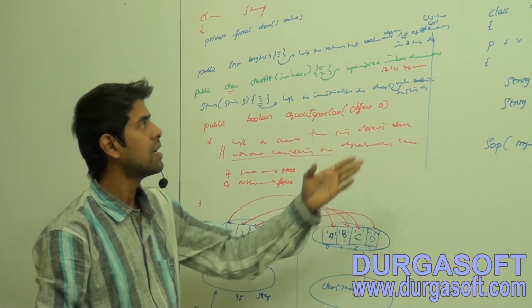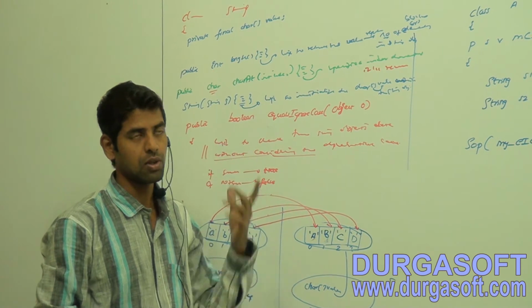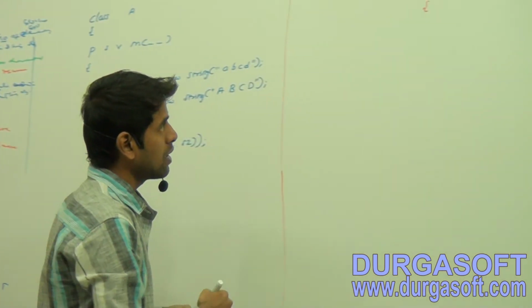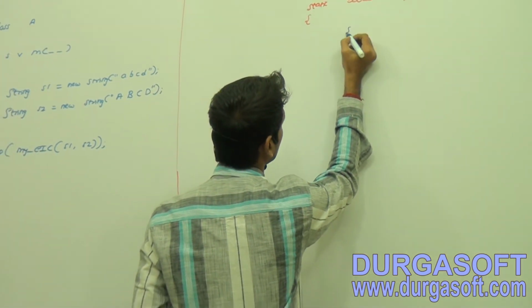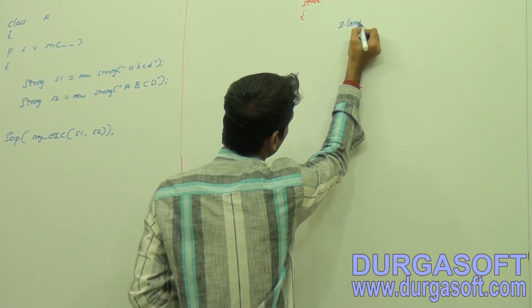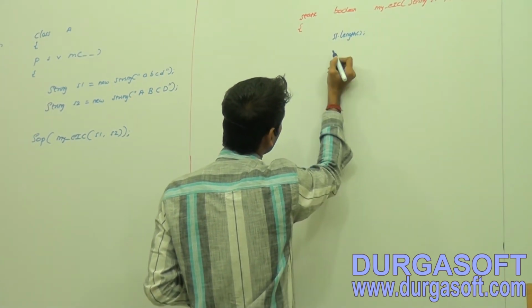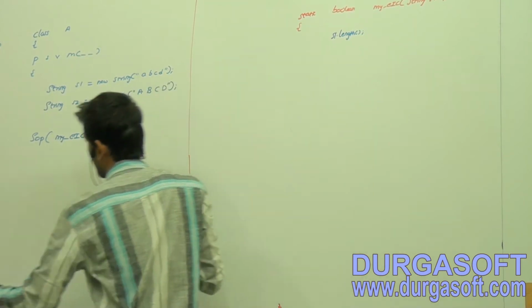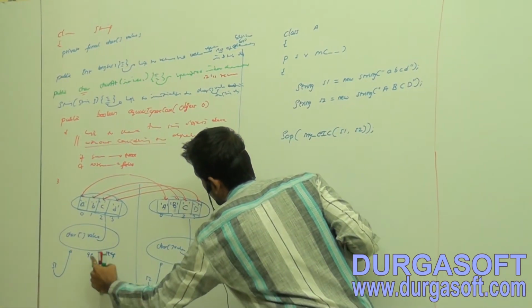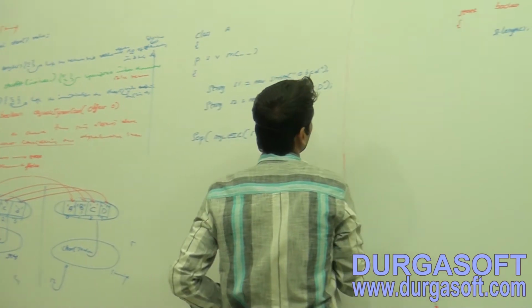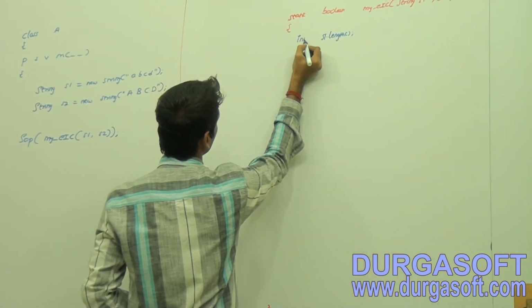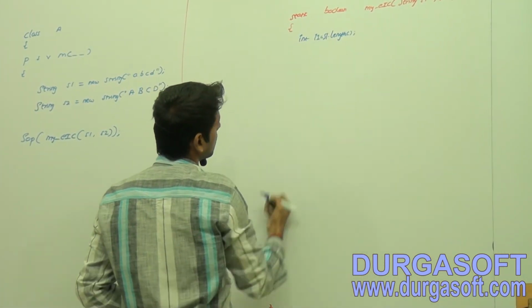I am taking that value to my advantage. Now observe. So s1.length, what will it return? The number of elements available within this string s1 object. It will return 4. Let me hold that in a variable called i1.